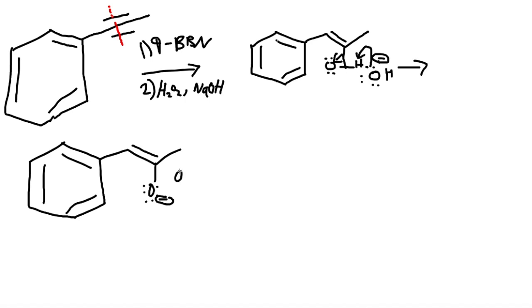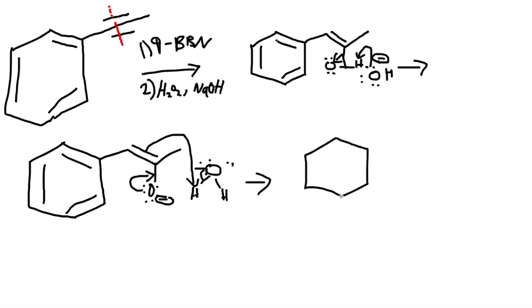And this is where the water comes in that we had made. Water comes in right over here. Now one of the lone pairs of the oxygen, with the negative charge, goes and makes a double bond over here. This double bond goes and grabs one of these hydrogens and gives off its electrons to that oxygen, which will give us a final product of this, forming a ketone this time.